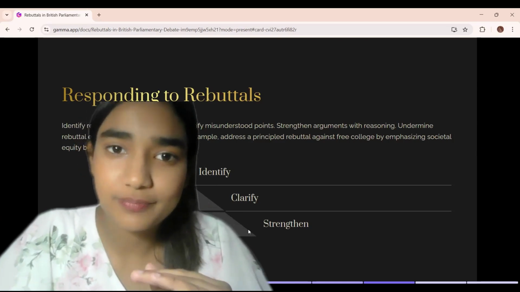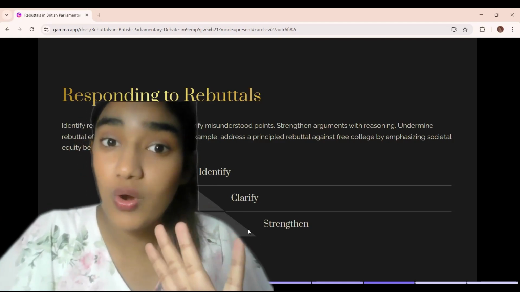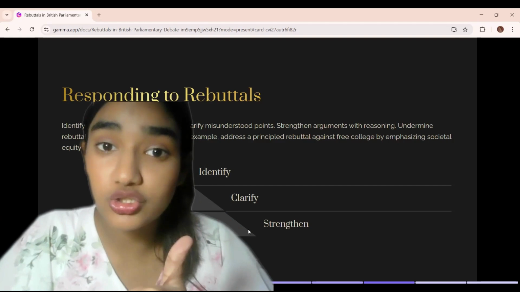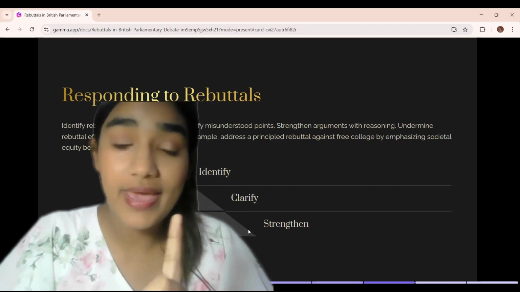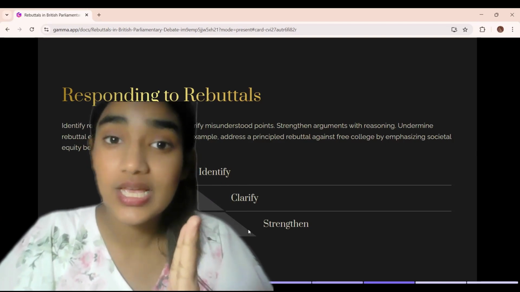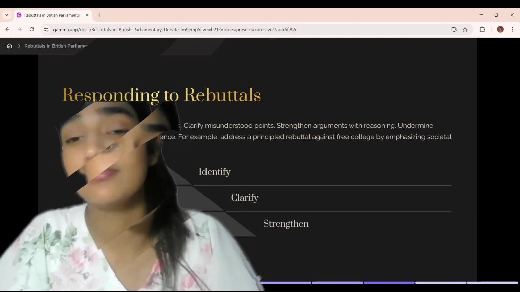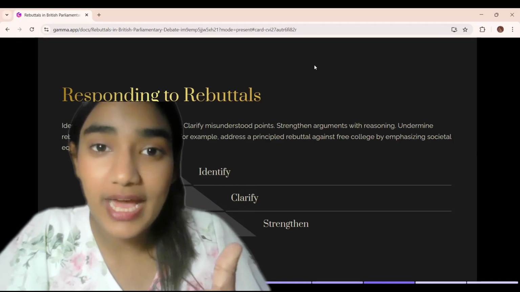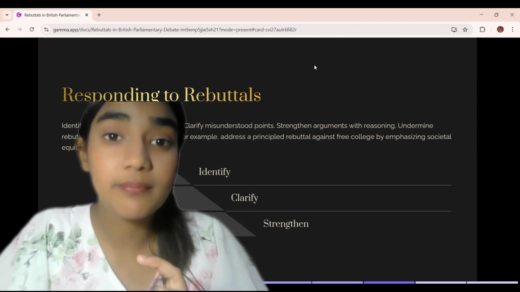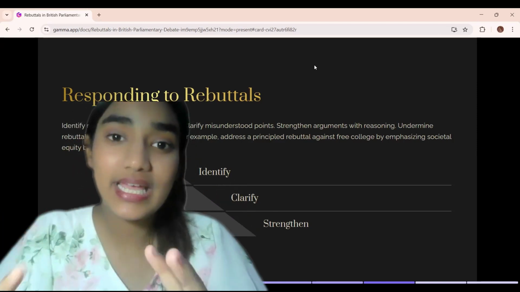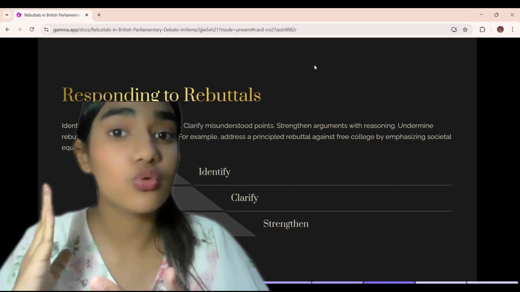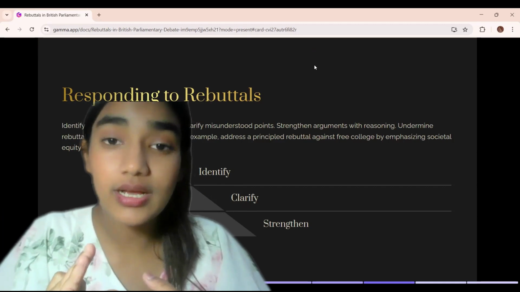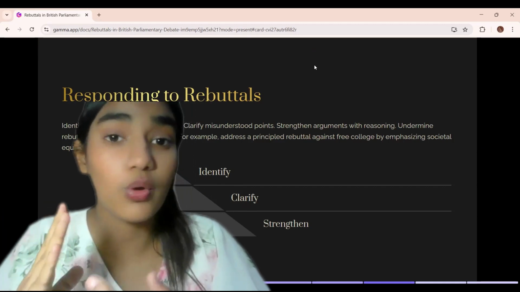Now, clarify. Be specific about what you are speaking. If you want to frame logic, then be specific and say logic. Don't go for comparing or anything else, because you don't have time in a BP debate to integrate everything into one. So be clear on what point you are going to compare it on. Are you going to logic-knife it, or whatever you're going to do?